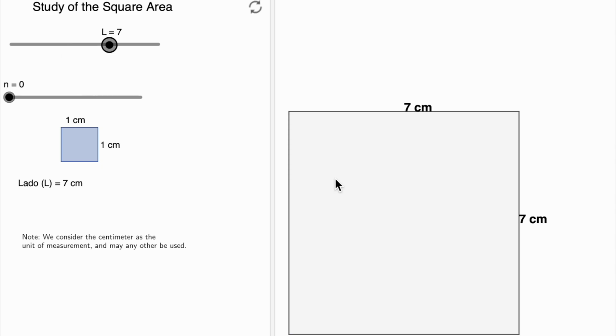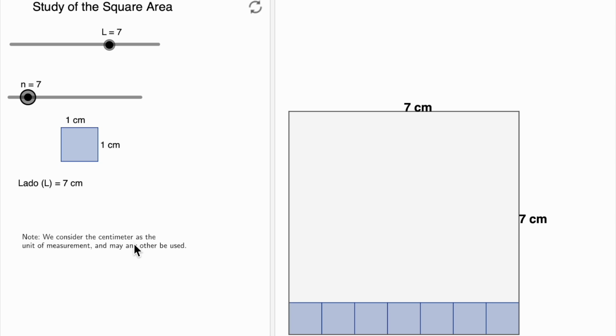Let's say our length is 7 for this big square. Based on our formula, it will be 7 times 7, which equals 49. Let's see with these tiny one by one squares how our area works out. 1, 2, 3, 4, 5, 6, and 7 in the base here. 1, 2, 3, 4, 5, 6, 7.